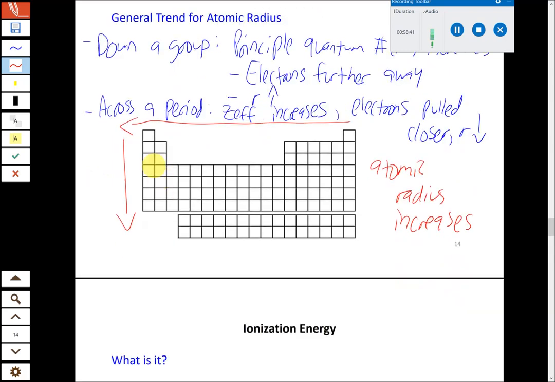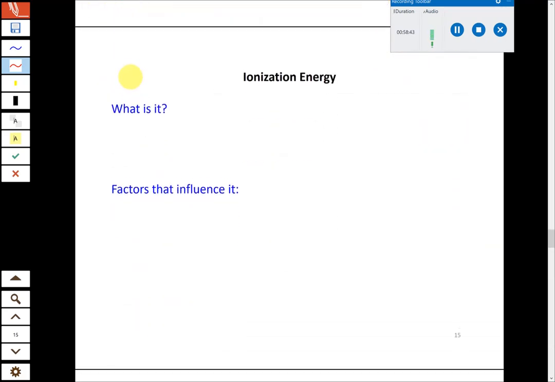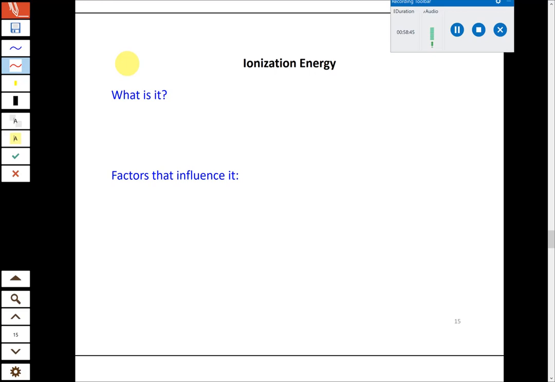All right, we'll move on to the next one, which is ionization energy. We've seen this introduced a little bit. We haven't talked too much about it, but we're going to talk more about it now. So first, let's talk about what ionization energy is for an atom. It's the energy required to remove one electron from a gas phase atom. We did talk about this in the context of the Bohr model, how much energy is required to remove an electron from hydrogen.